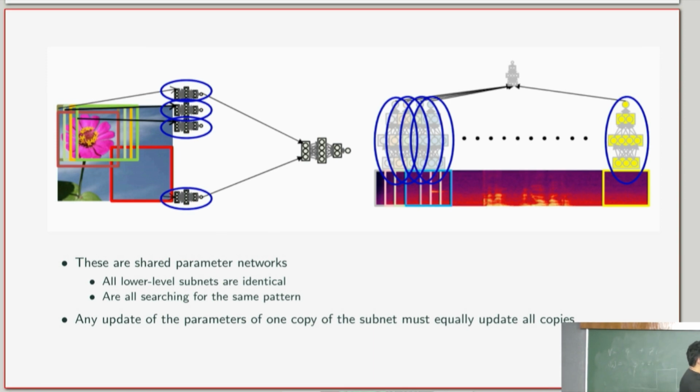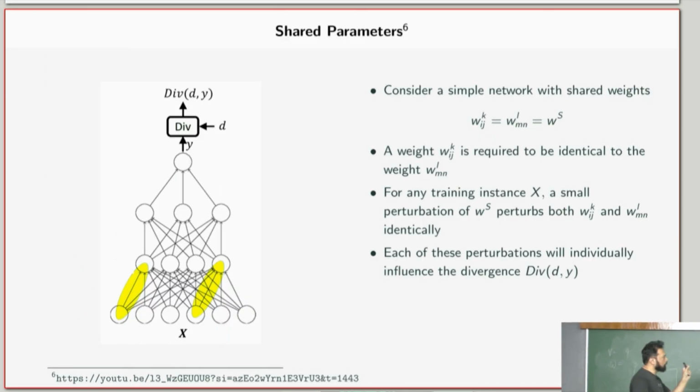The network is visualized as multiple copies of the same network. The blue ovals indicate that these are the same network. Now, just to give you a small intuition of the update part, which is a little bit interesting: what would happen, because I'm supposed to update the weights of the network, right?